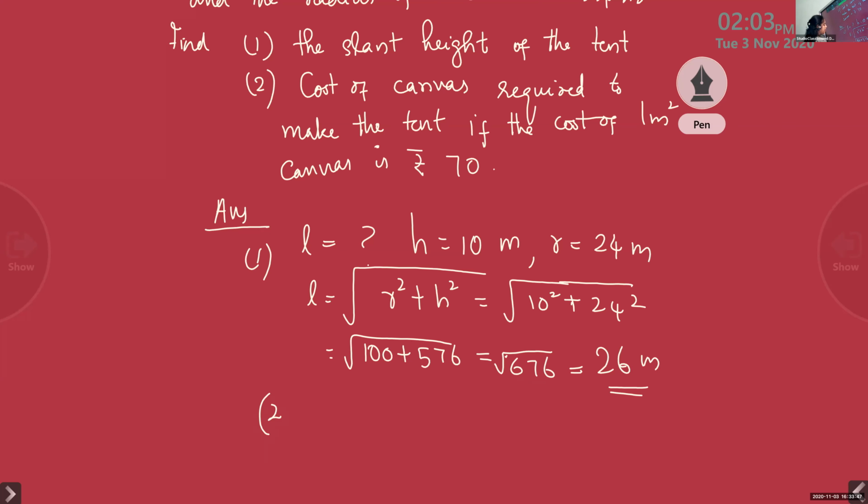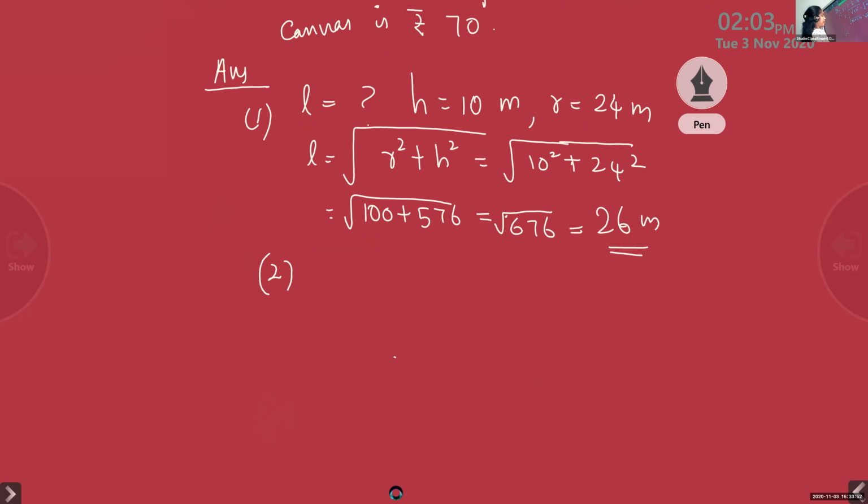And the second question is the cost of the canvas required. So we have to find the CSA. CSA is pi R L, which is 22 by 7 into radius 24 and slant height 26. Look at here, children. Is there anything to cancel?